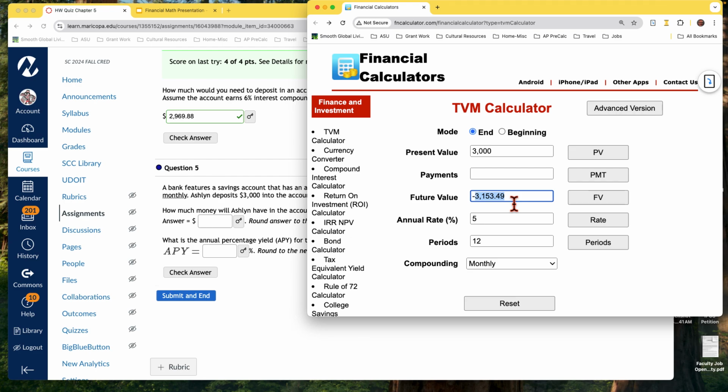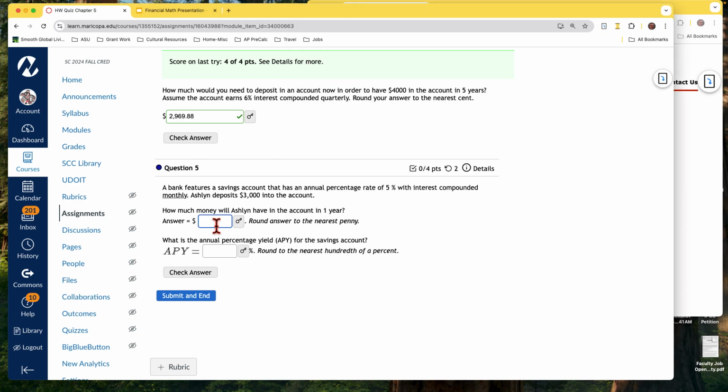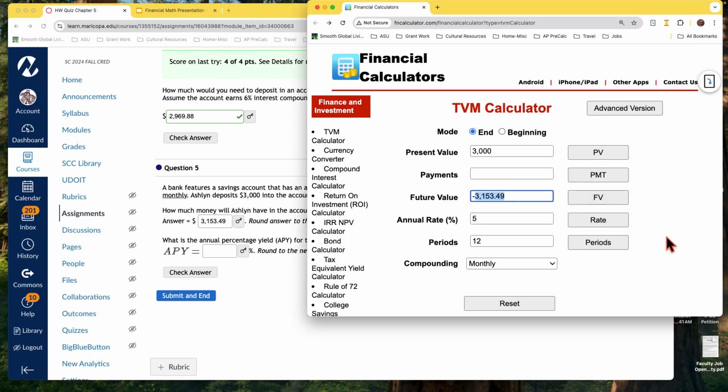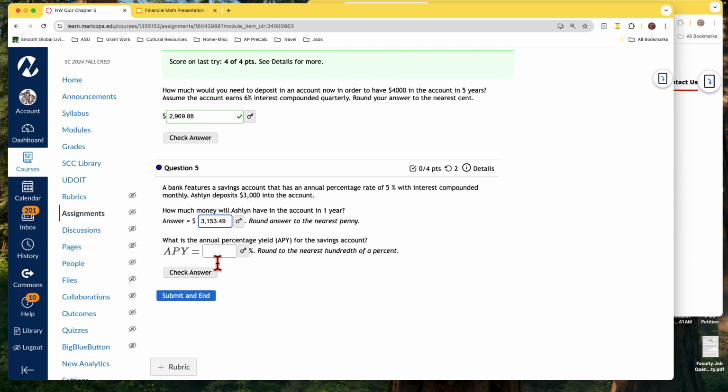It's not real critical. I'm going to copy that number without the negative and plug it in here, 3,153.49. Okay. Now, this is a little tricky thing. What is the annual percentage yield for the savings account? Because she's getting the interest paid to her monthly, it's actually going to be more than 5%, a little bit more.